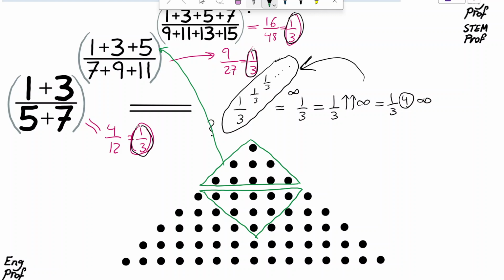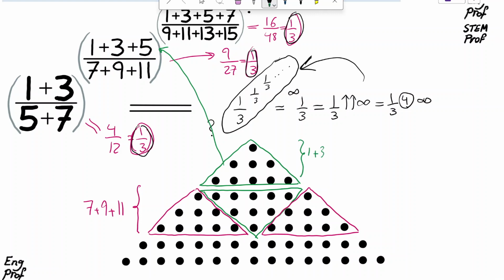And just for the sake of better visualization, I'm going to use a different color. So there you go. And finally, this one. So clearly, these 3 rows are the sum of 7 plus 9 plus 11 in terms of number of circles, and these 3 rows are the sum of 1 plus 3 plus 5.